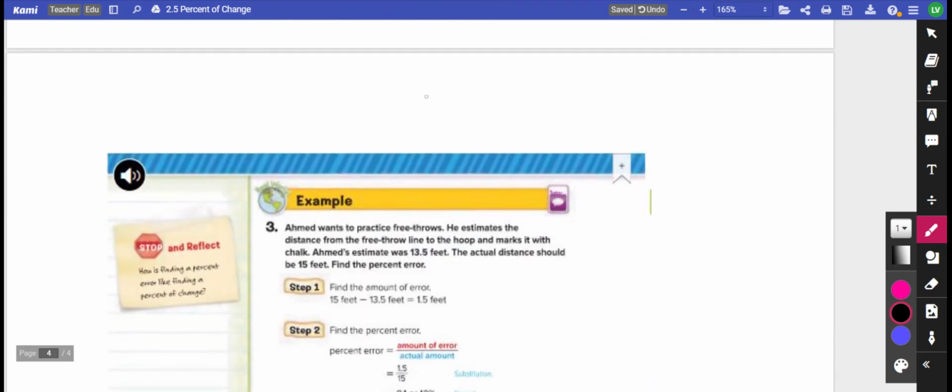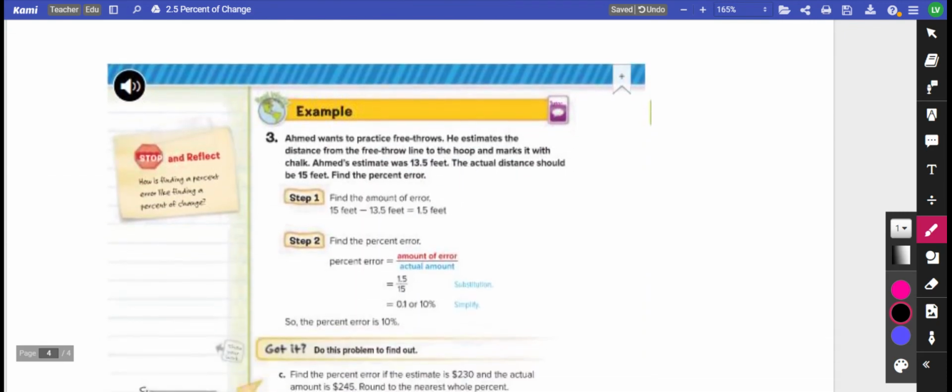Continuing. Example 3. Ahmed wants to practice free throws. He estimates the distance from the free throw line to the hoop and marks it with chalk. Ahmed's estimate was 13 5/10 feet. The actual distance should be 15 feet. So we're going to find the percent error.